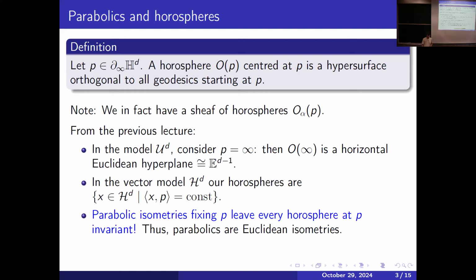As in this example, z maps to z plus a, it just acts as an isometry on this horizontal line. Generally, in higher dimensions, parabolic isometries leaving infinity invariant in the upper half space model act as Euclidean isometries in horizontal hyperplanes.